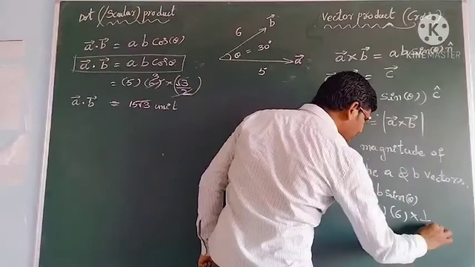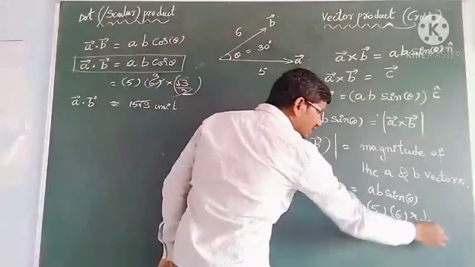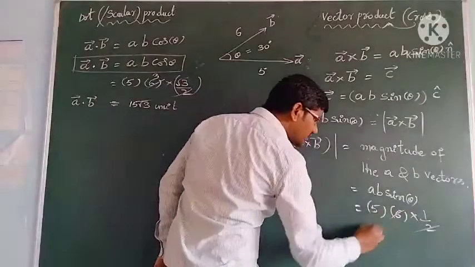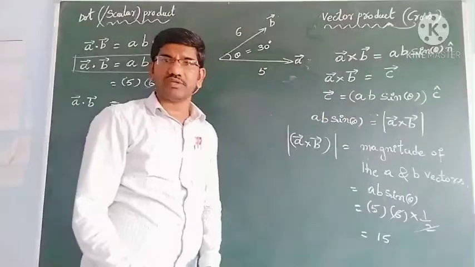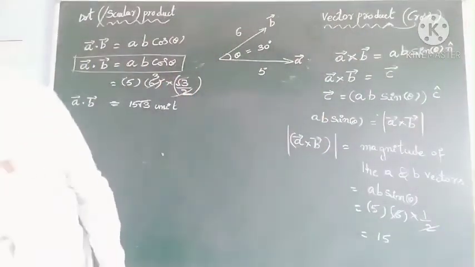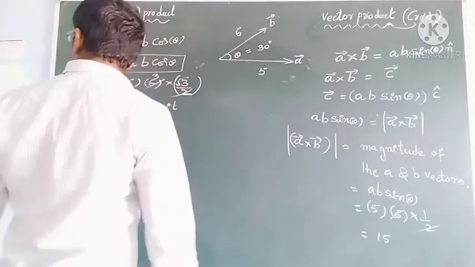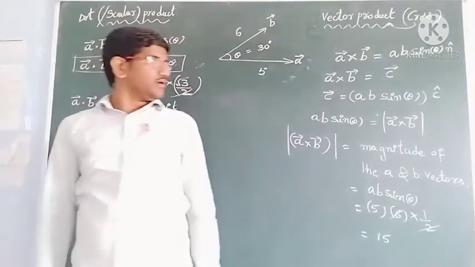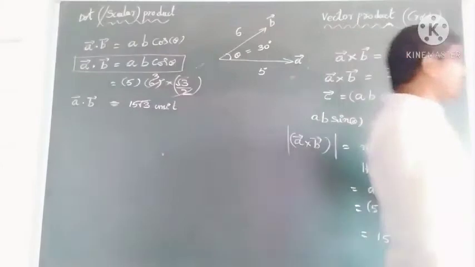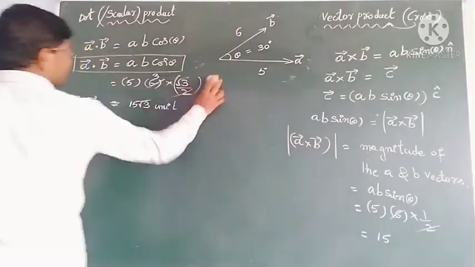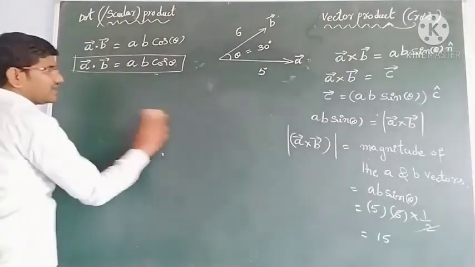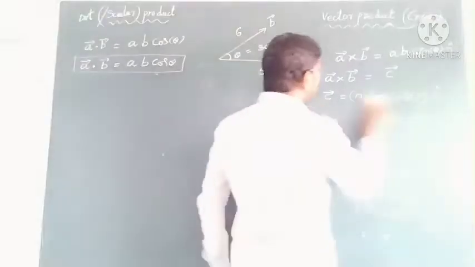Sin 30 value you write as 1 by 2. Then the 2 and 6 get cancelled by 3, and 3 fives are 15 units is the answer. So that is for formulas where magnitudes and angles are directly given. This is our way of calculating the dot product and cross product.